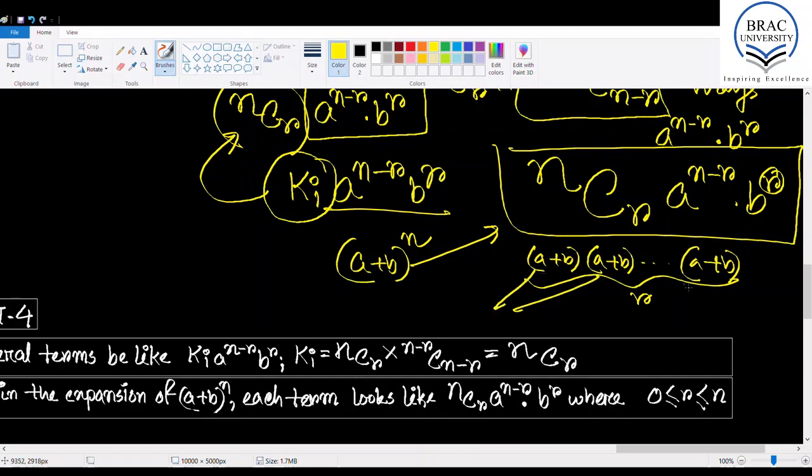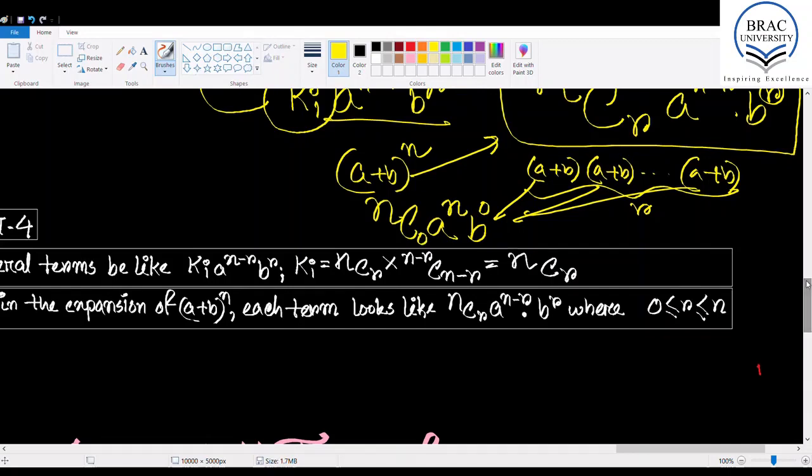All of these n factors will provide a, so there will be a to the power n, and since there are 0 b's, the power of b will be 0, and the coefficient will be nC0, right? So the lowest value for r equals 0.